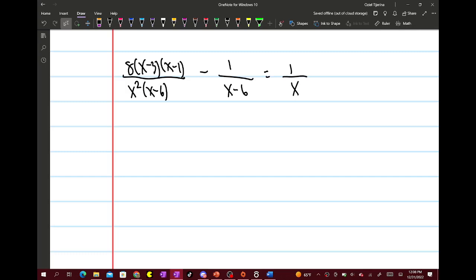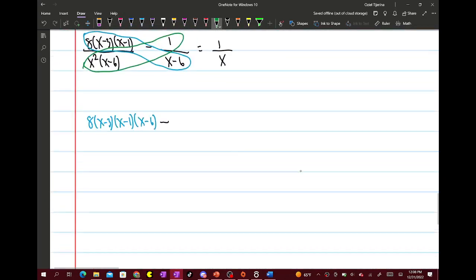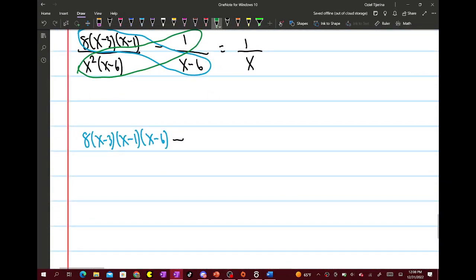However, let's see if that works. So if I do cross multiplication for this, we have 8 times (x minus 3) times (x minus 1), and then times (x minus 6), and we're going to have minus, this part is what the turquoise part is, and then minus the quantity x squared times (x minus 6), right?